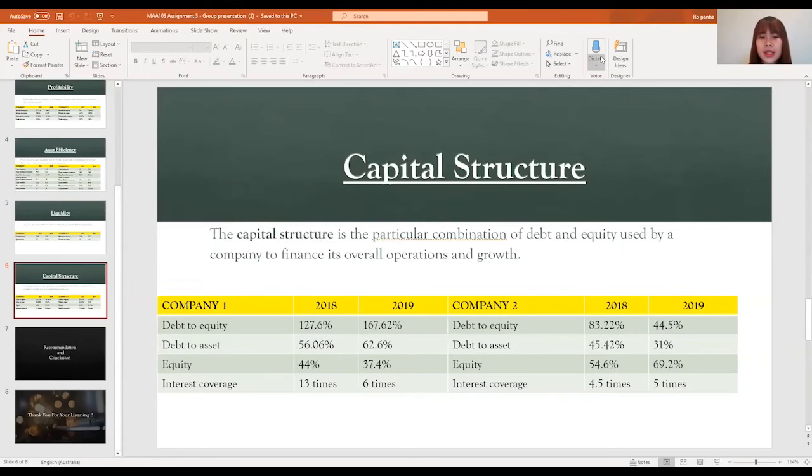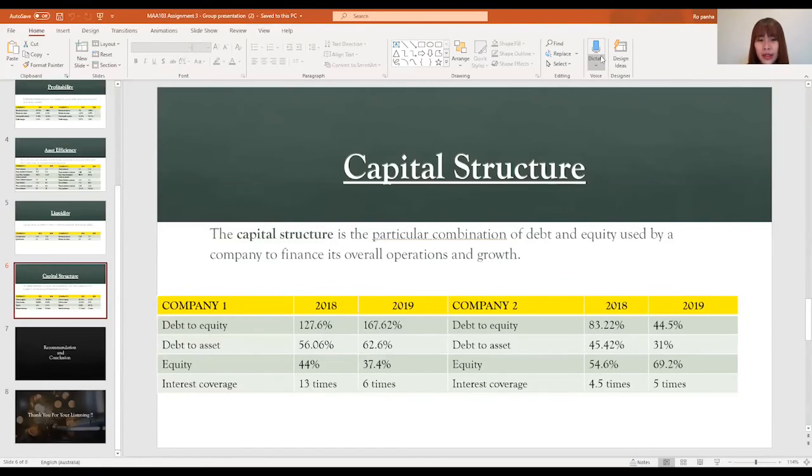The first one is the debt to equity ratio, the second one is the debt to asset ratio, the third one is the equity ratio, and the last one is the interest coverage ratio. As you can see, these are the results of my calculation for company 1 and company 2 in 2018 and 2019.